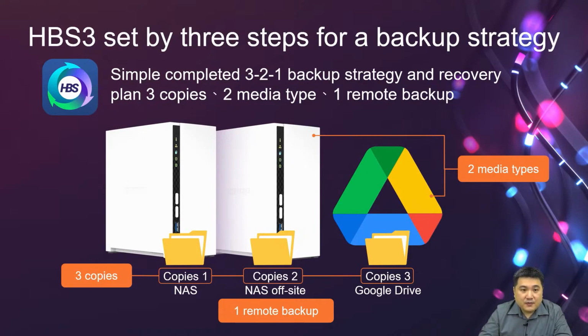Third, keep one remote backup, such as setting up the NAS at home and at the company, or in Taiwan and the United States. For the above 3 key points, we recommend you use 2 NAS to achieve a government-level data backup strategy.